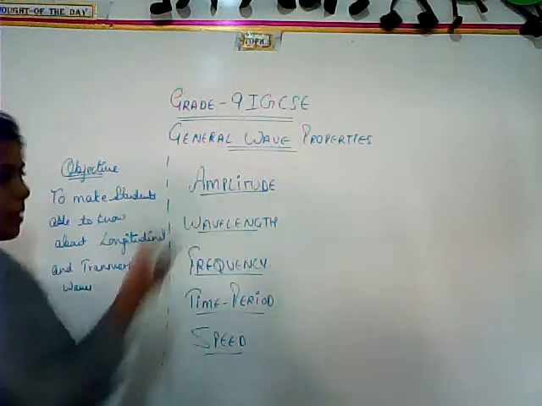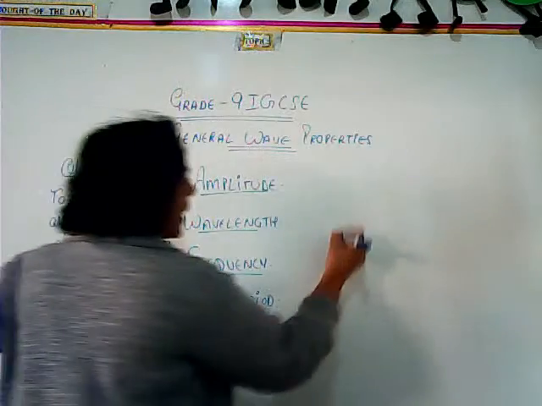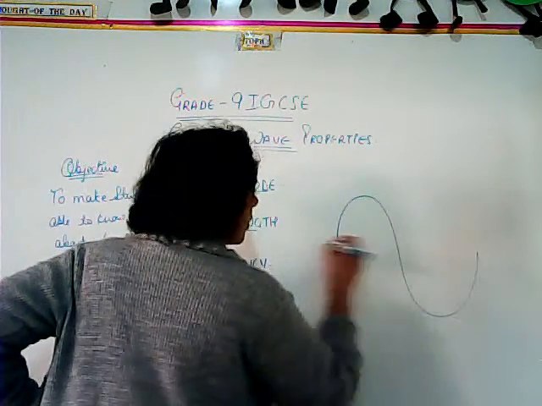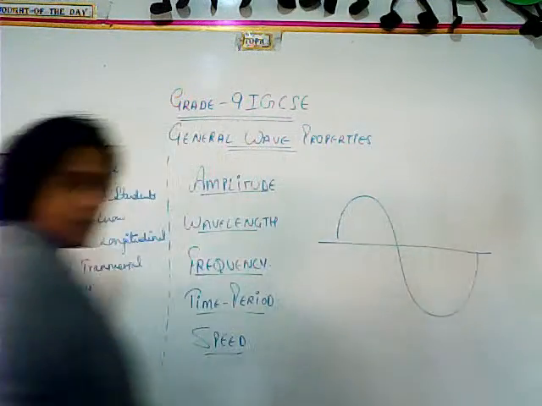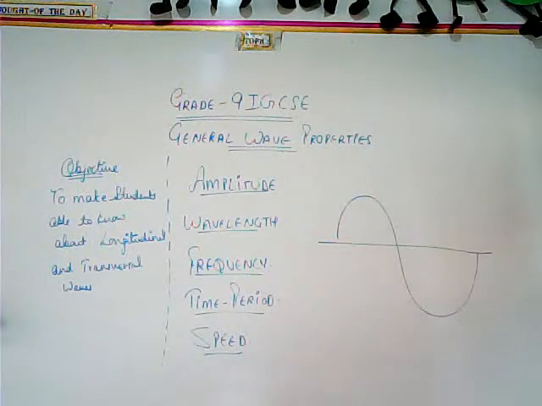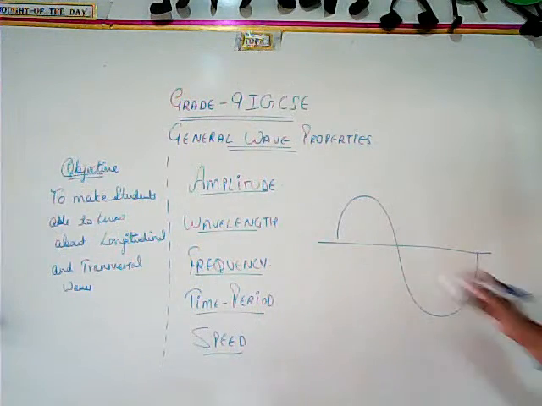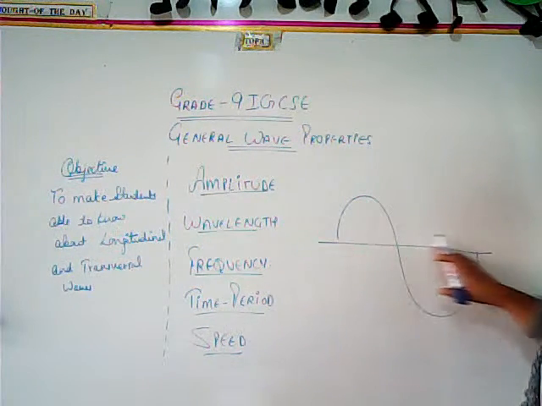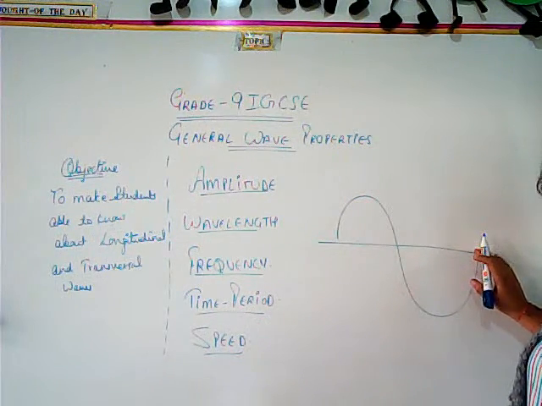So first is your amplitude. Let's say you have this wave. This is your wave formation. This is called the mean position. You can say the principal axis.